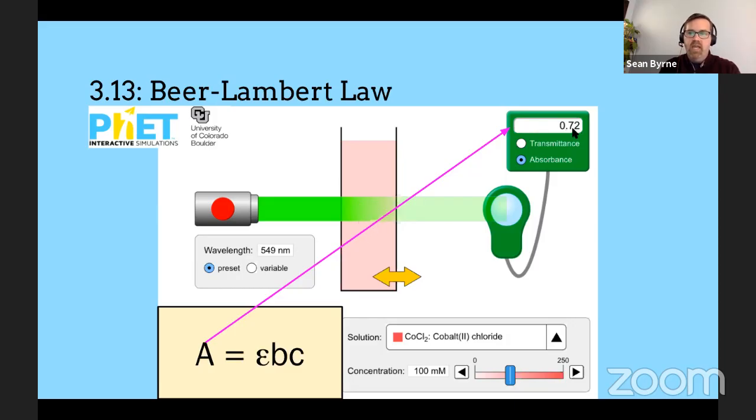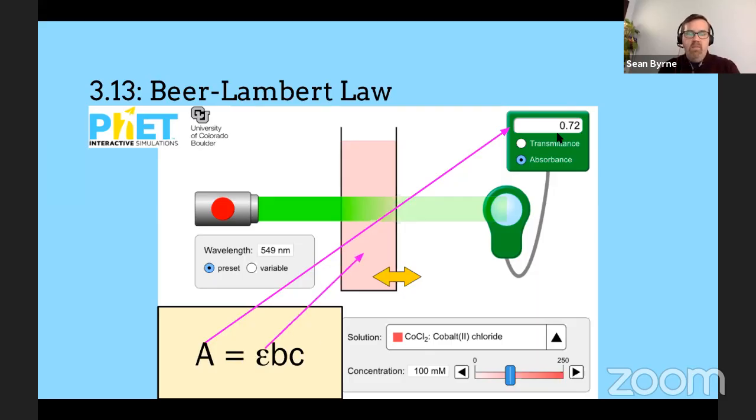So in this particular experiment, with everything set up the way that it is, when light with a wavelength of 549 nanometers is shined through the sample, how much is absorbed by the sample? We're going to compare how much went in to how much came out, and in this case, it's 0.72.